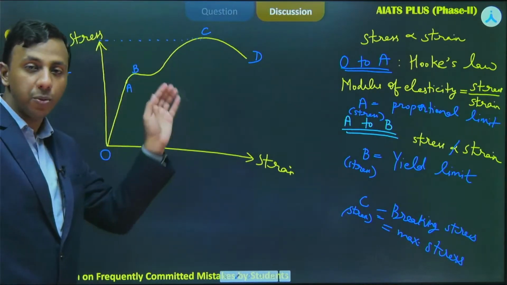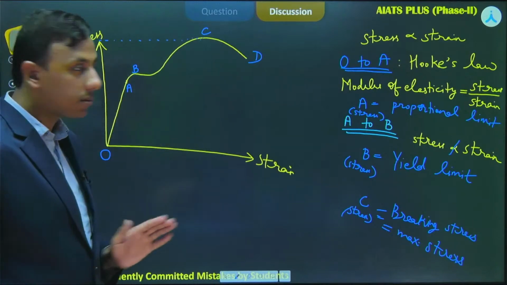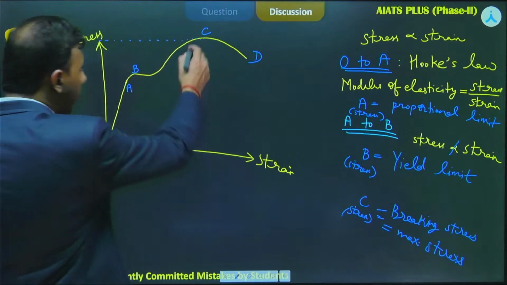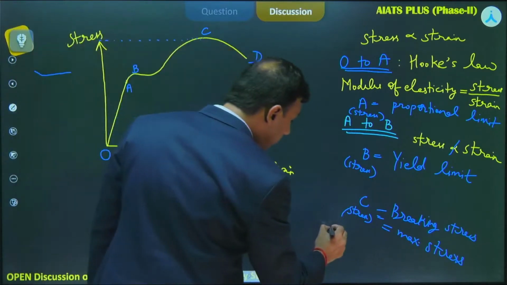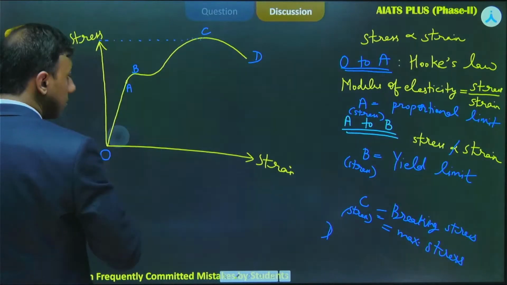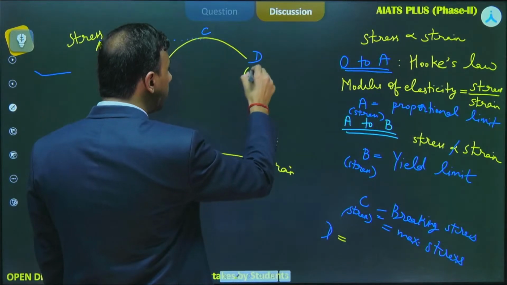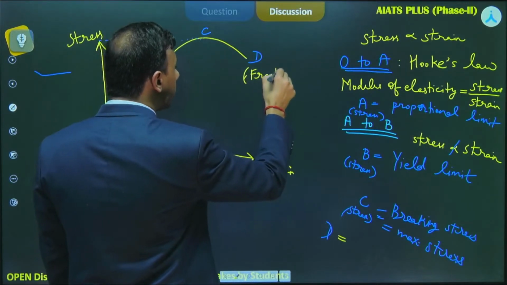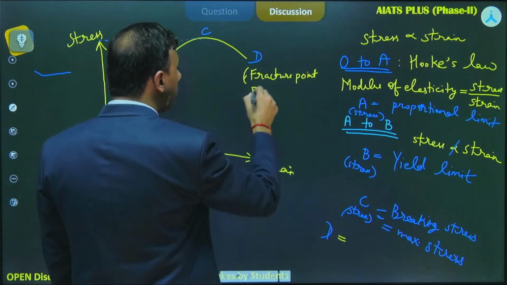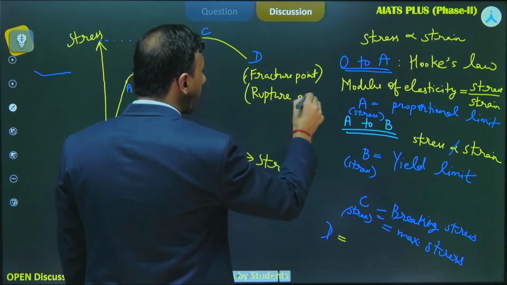That is the maximum value which is being applied on that material. No more stress is applied above breaking stress. And D is called your fracture point, I can write it over here, D is called your fracture point, or you can also call it rupture point.